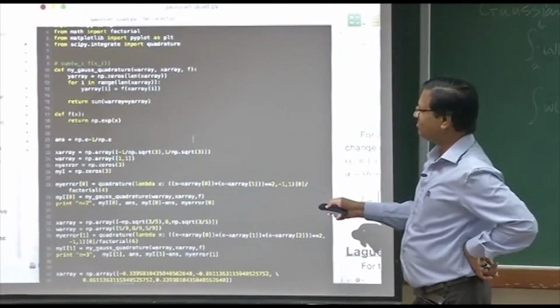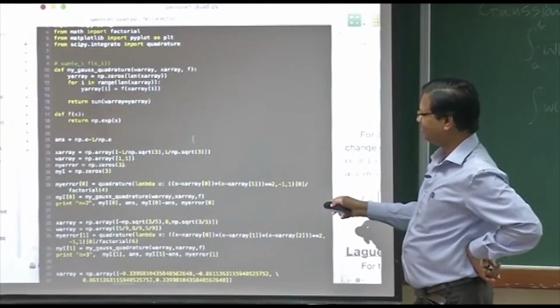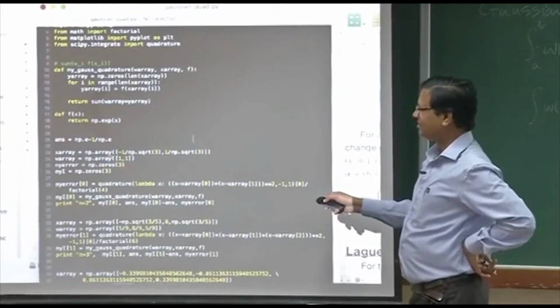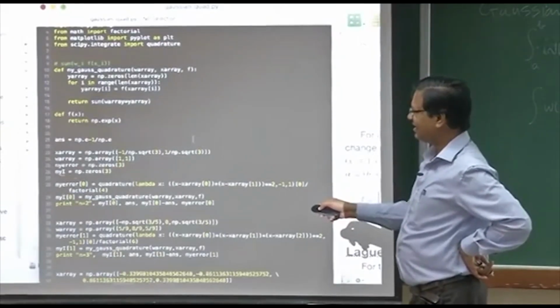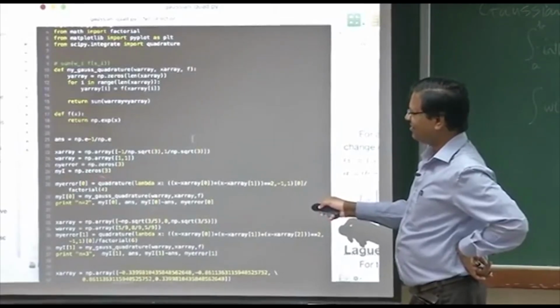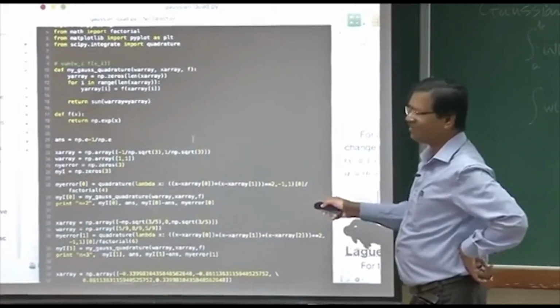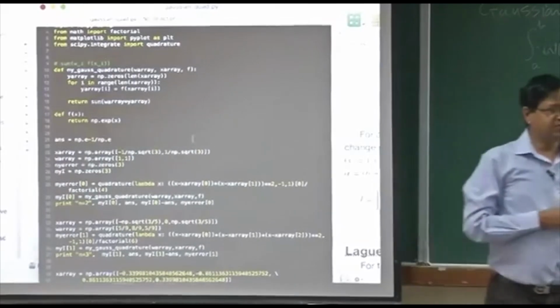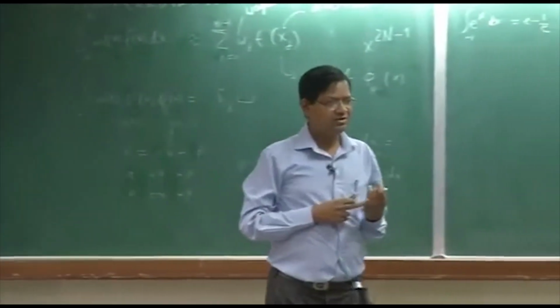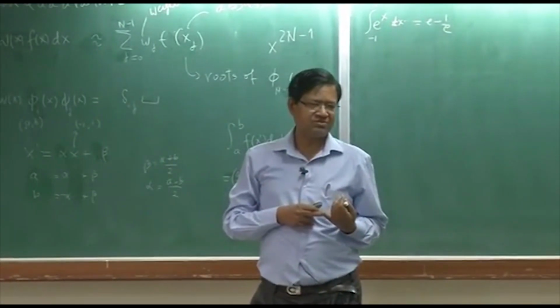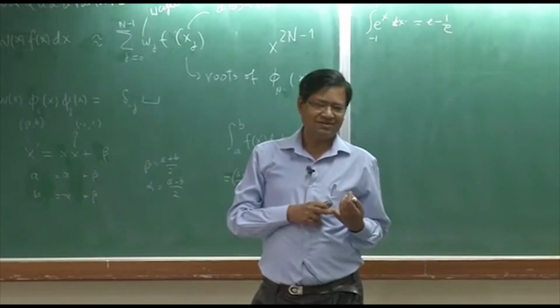I also created an array called error, which has 3 values, and my integral, so that is going to become clear. I am going to do it for n equal to 2, n equal to 3 and n equal to 4, so I compute with 3 different sets of points. Is that clear?